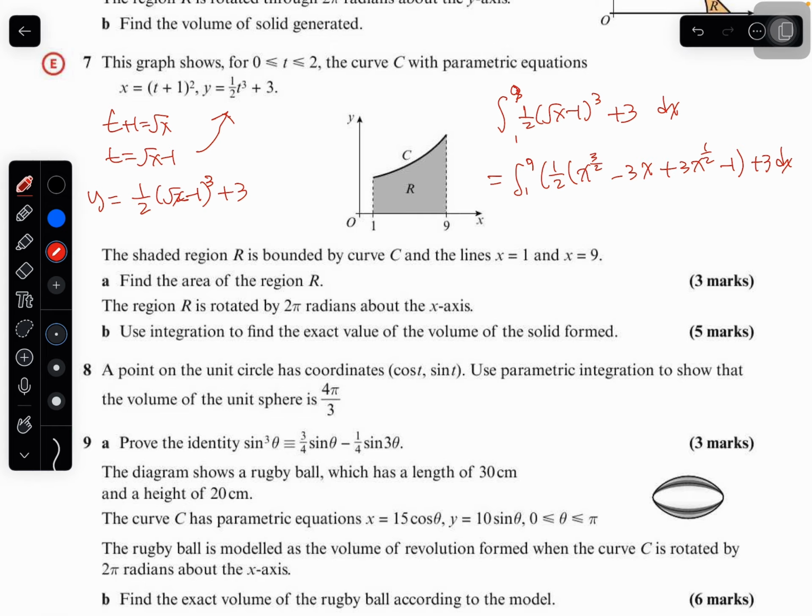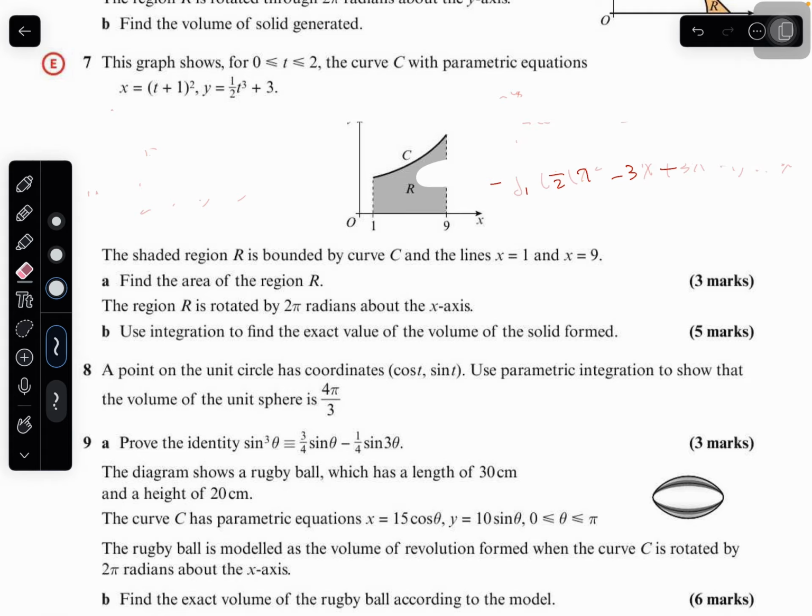So here, about the x-axis, integration to find the exact volume. Now let's keep it as this parametric equation. Generally we need the integral of pi y squared dx. This is what we need to put.